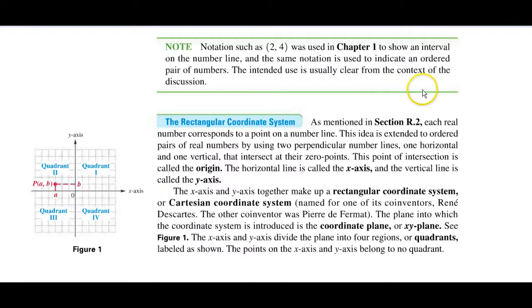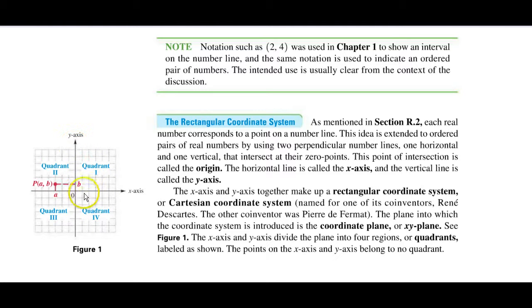Okay, so here they introduce the rectangular coordinate system, sometimes referred to as the Cartesian coordinate system, named after one of the co-inventors, René Descartes. And it's a way to take these ordered pairs and put them on a rectangular coordinate field.